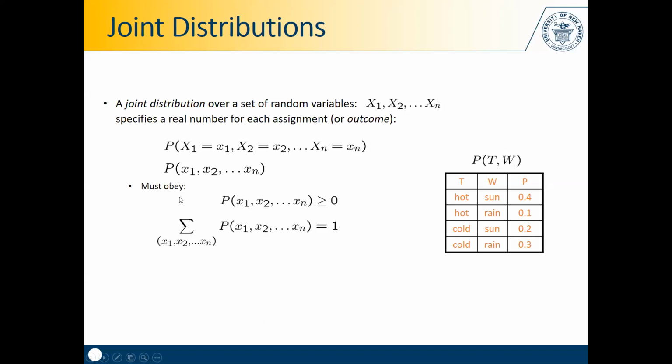Now, similar to the case of distributions, joint distributions must follow these two rules. First, the joint probability of each set of assignments, each of these probabilities, should be greater than or equal to 0.